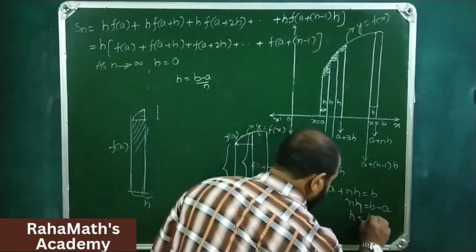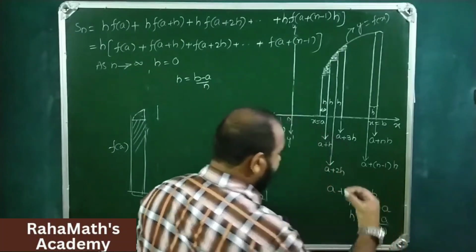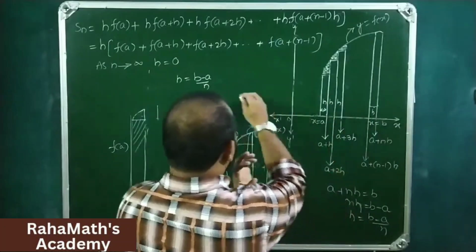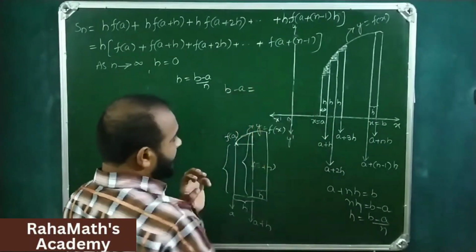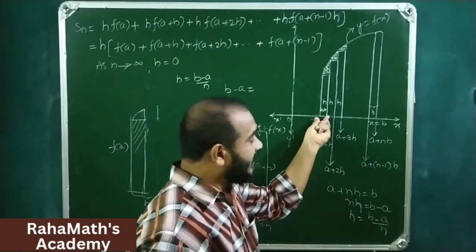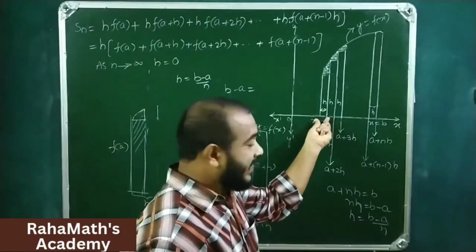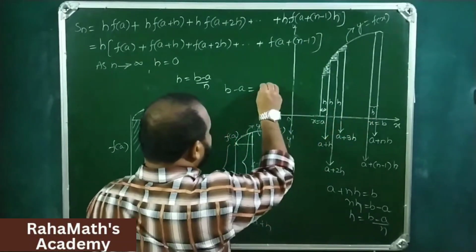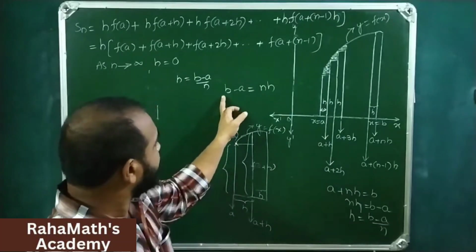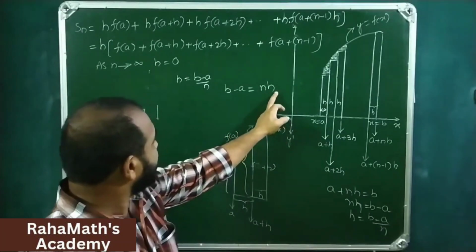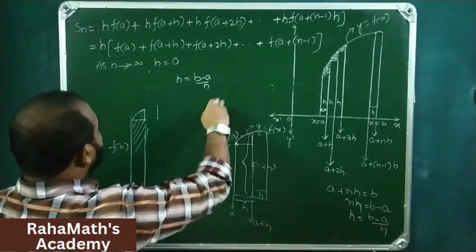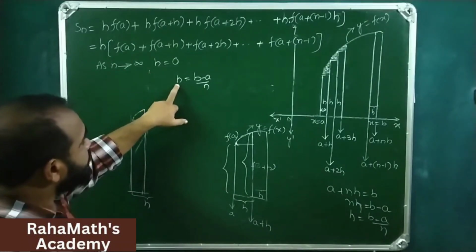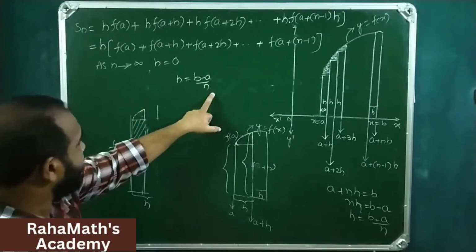That means the total area is b minus a. Since it has n rectangles, each having the width h, so nh. So it is connected by the relation b minus a is equal to nh. So h is equal to b minus a by n.